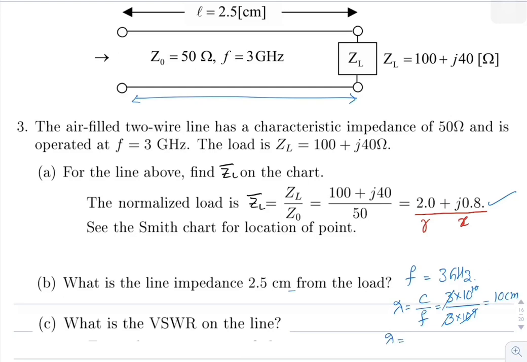So the length of the transmission line, 2.5 centimeters, represents lambda by 4. That means if you want the impedance at a distance of 2.5 centimeters, you have to travel a distance of lambda by 4 on the transmission line. And on a Smith chart, lambda by 4 corresponds to 180 degrees.